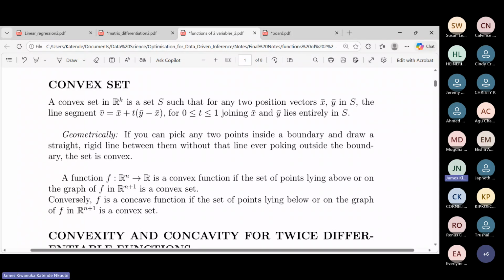A convex set in R^k is a set where if you pick any two vectors, say X and Y, from the set, this vector X plus t times (Y minus X), where t is a number between 0 and 1, lies entirely in the set, right?